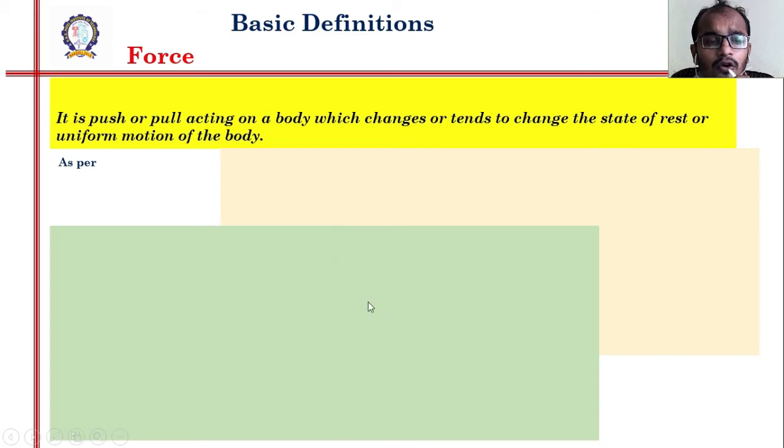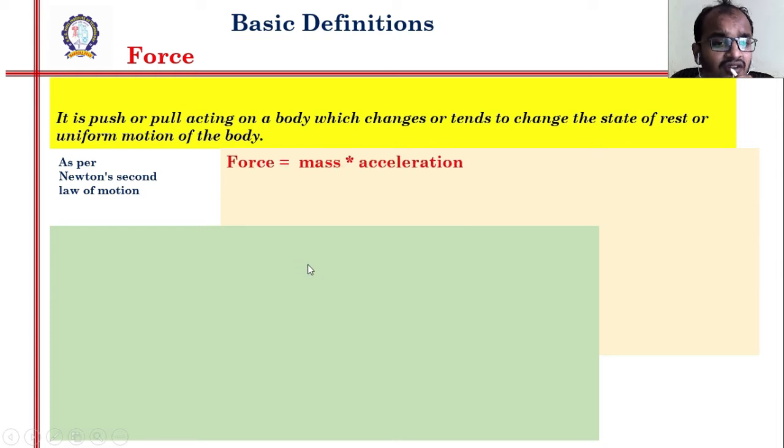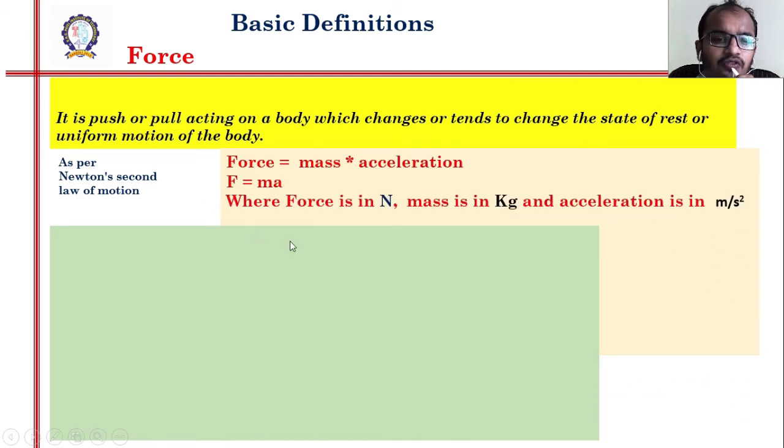Force we can define as per Newton's second law of motion: force is equal to mass into acceleration. We have studied Newton's second law of motion earlier also, so F equal to ma. F is your force, in Newton, mass m is in kg, and a is your acceleration term, in meter per second square. That is the force that we can use in several aspects of mechanical engineering.